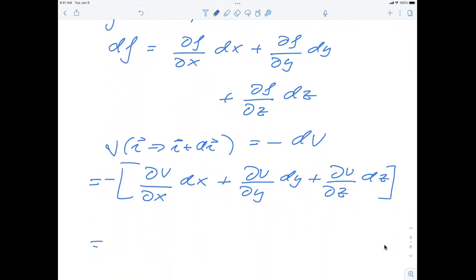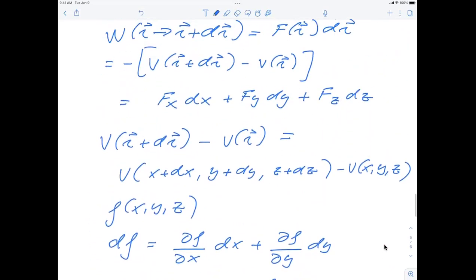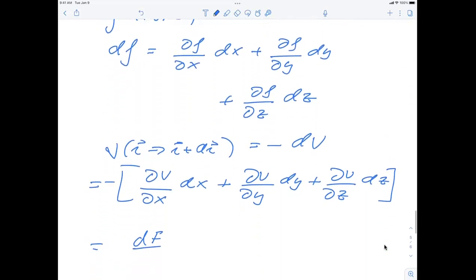So we have the force, I was a little bit too fast here. This is equal to F of x times dx plus F of y times dy plus F of z times dz.